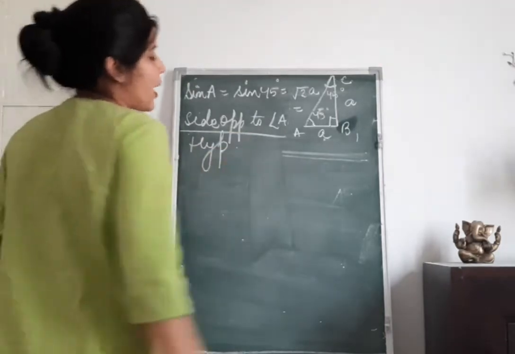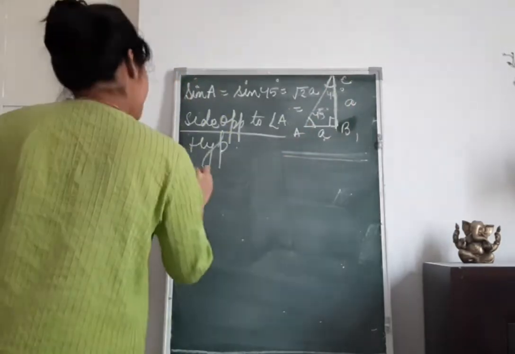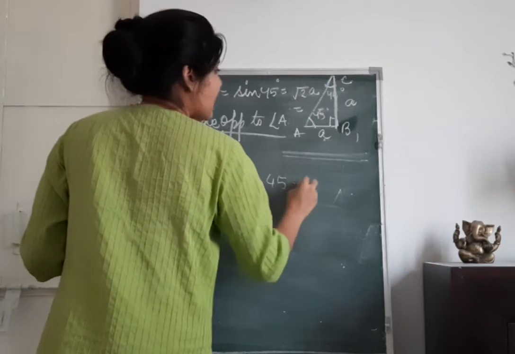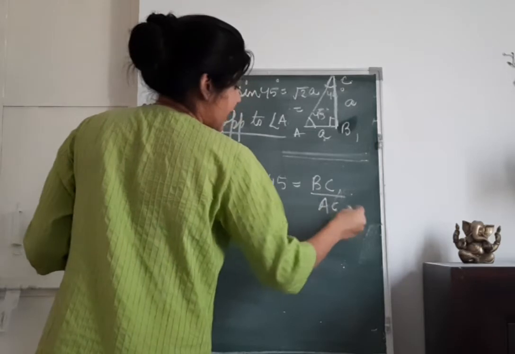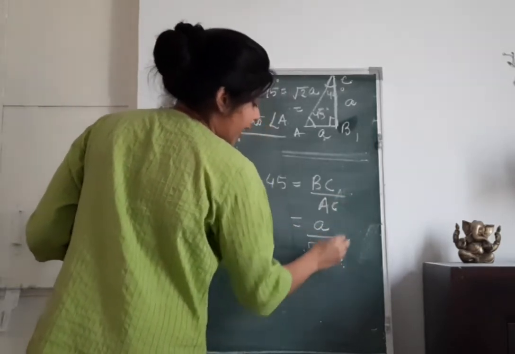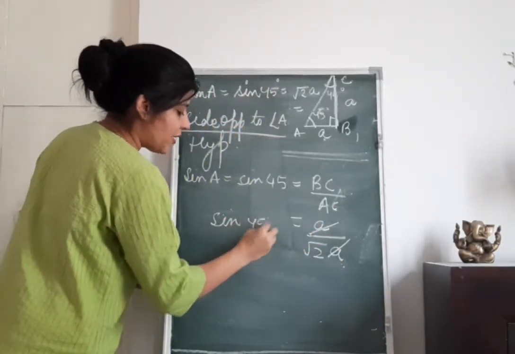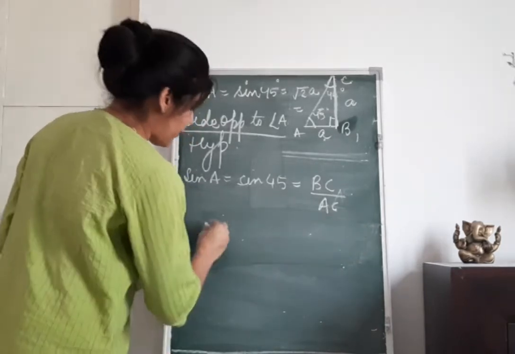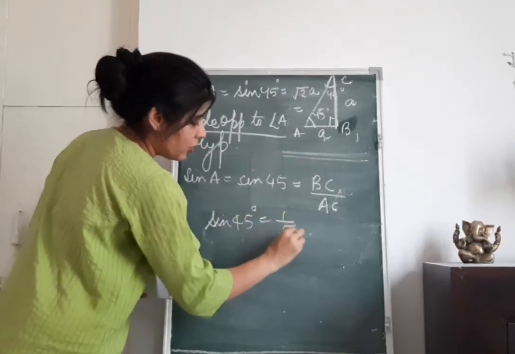Which is the side opposite to angle A? This is angle A, this is the side opposite to angle A, that is sine of 45 degree is equal to BC over AC, that is equal to A over root 2 of A. A and A will get cancelled. Therefore, I can say sine of 45 degree is equals to 1 upon root 2.